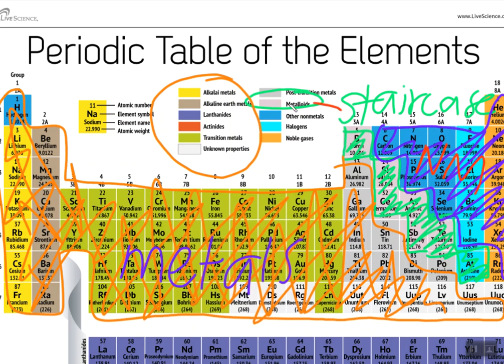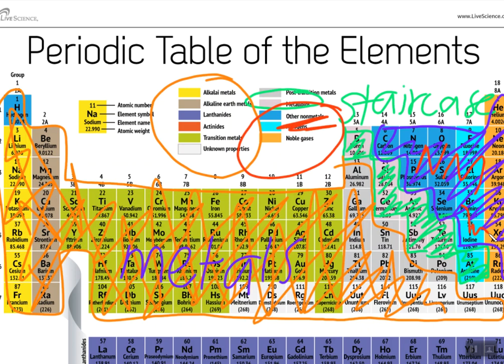So if you look here, these are all nonmetals, as it says right there. Nonmetals are basically just not metals. So all these like carbon, nitrogen, oxygen, fluorine, silicon. Oh my bad, not silicon. Chlorine, bromine, iodine. These are all nonmetals.